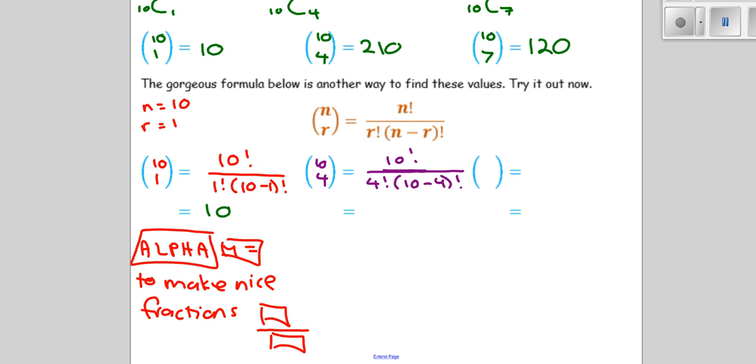And that is above 210. Give you some time to do that.